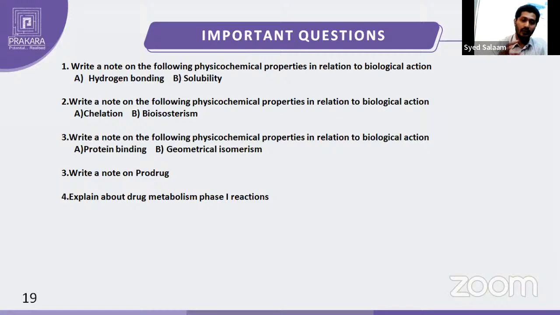And we need to show, like just now we have seen, that the salicylic acid property is due to the presence of intramolecular hydrogen bonding in it. Likewise, for solubility, we have taken the methylprednisolone example: if the acetate form is changed to sodium succinate, it will have more solubility.